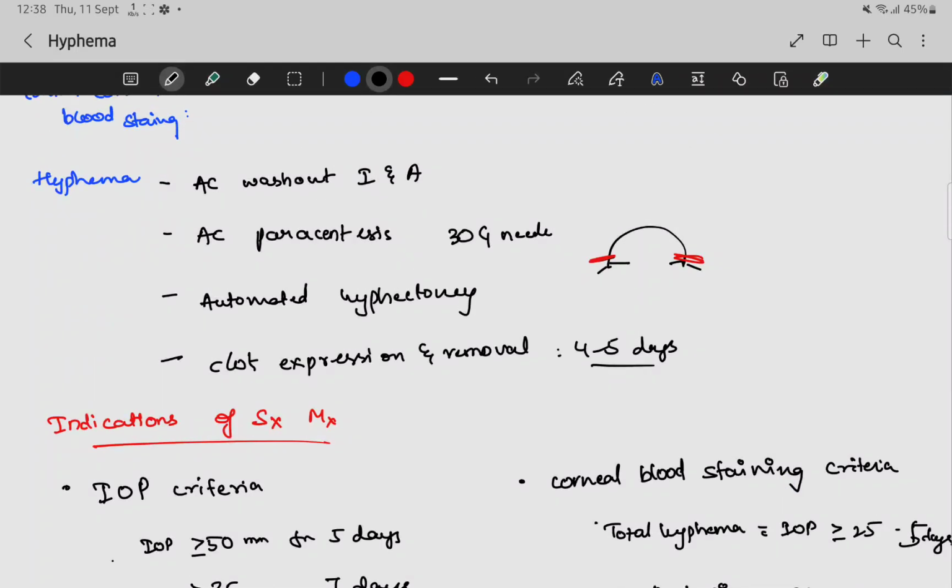So what are the surgeries? We have discussed already the management of hyphema.